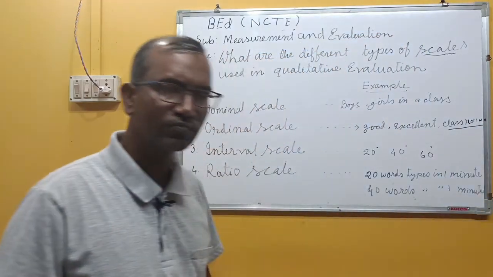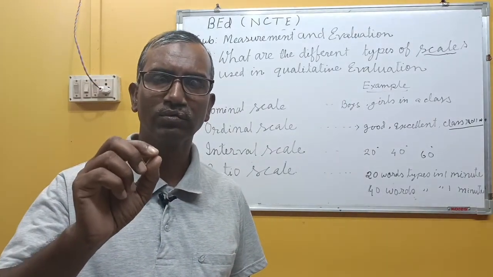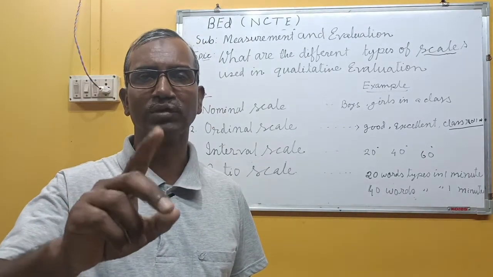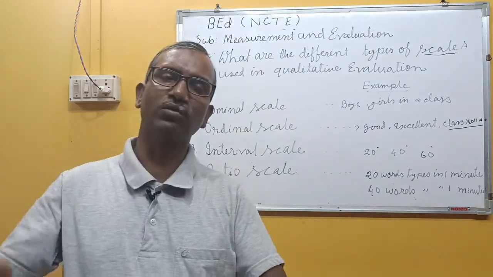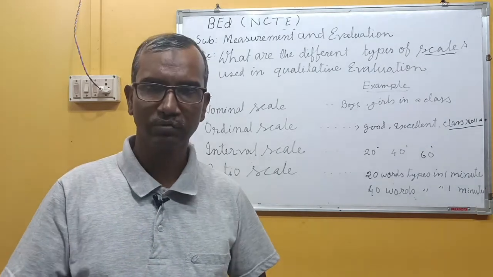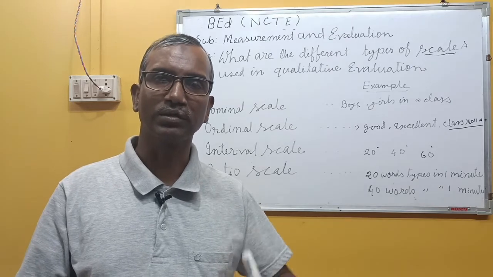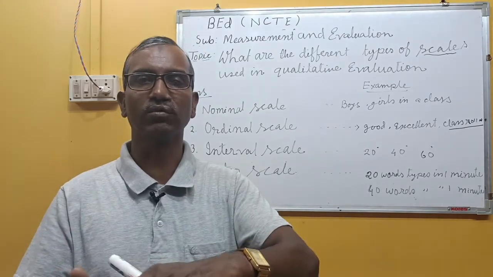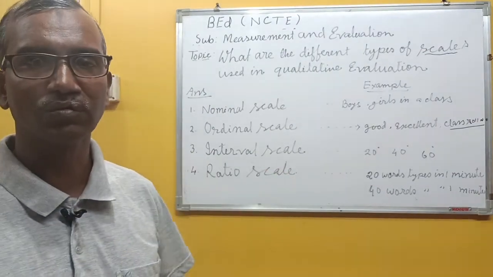Class roll number means the student who secures the highest mark, his roll number is 1, and continuously, gradually we give the class roll number. So we understand that roll number 1 is better than class roll number 2 or 3.